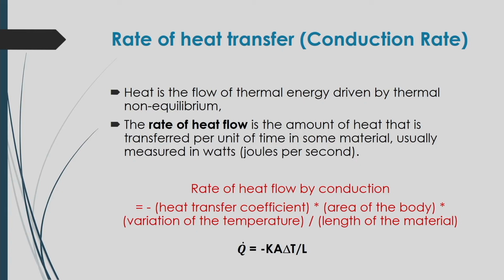It is generally expressed as the rate of heat flow by conduction equals minus the thermal conductivity times the area of the body times the variation of the temperature per length of the material.